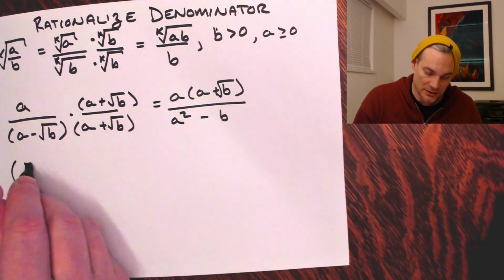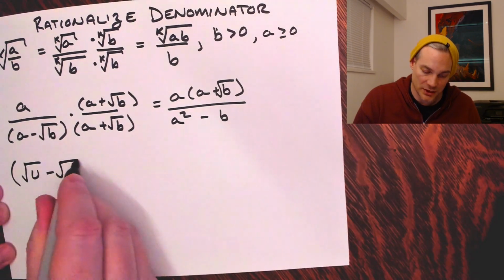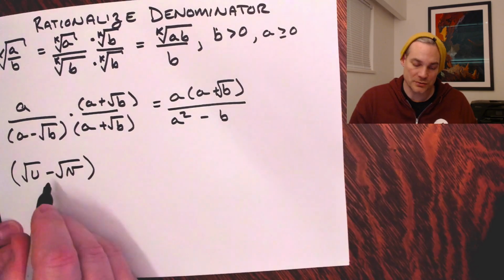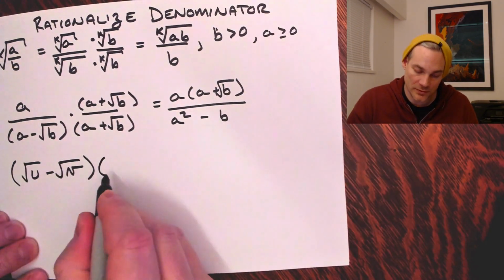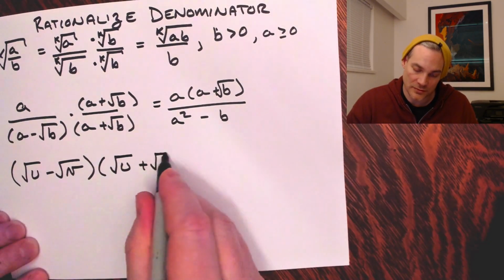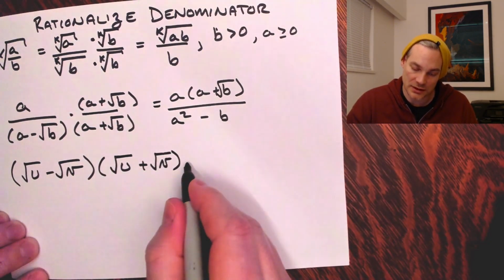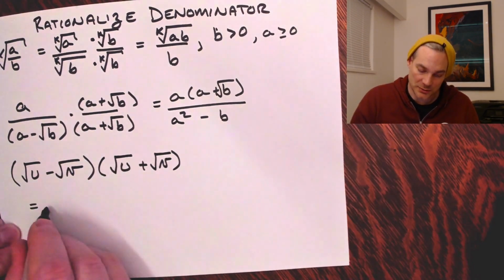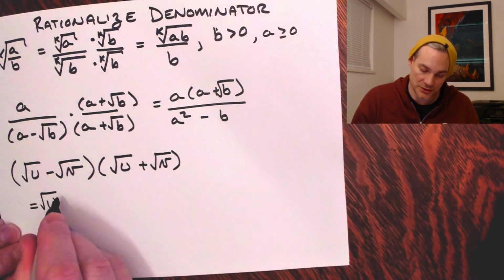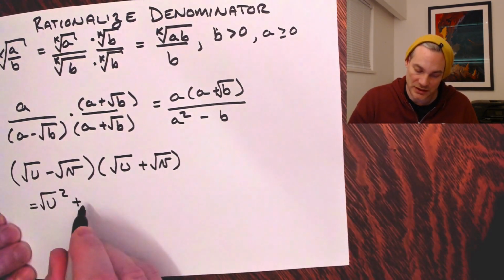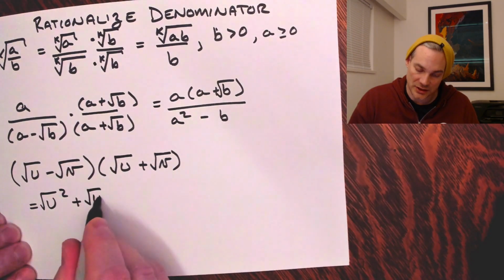So what if I had two roots? I have root u minus root v times the conjugate. And what that gives us is root u times root u, which is just root u squared. And then I have root u times root v.